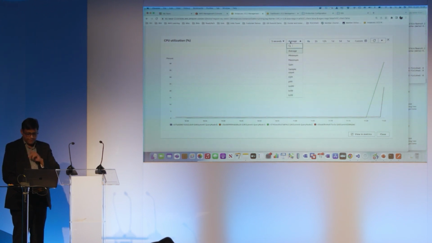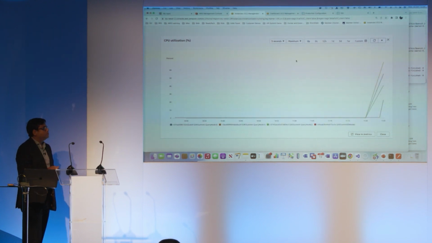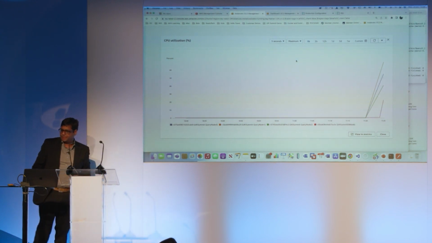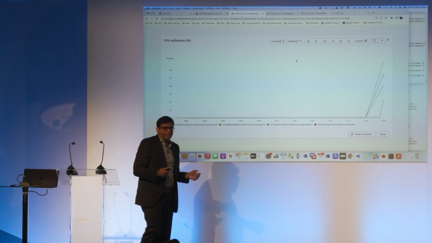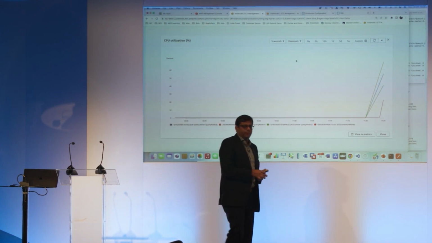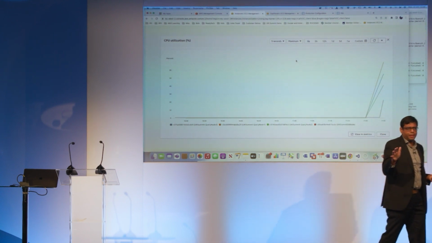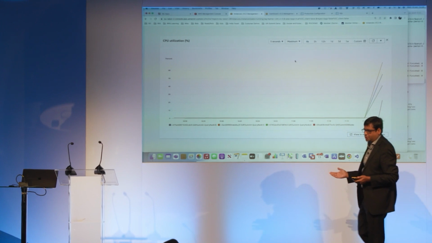You will see some of the JMeter nodes or the query nodes already going up to 60%. And what we found, which is what we thought, is that the database node will plateau beyond a point, because that's the maximum CPU we can utilize based on the storage we had.